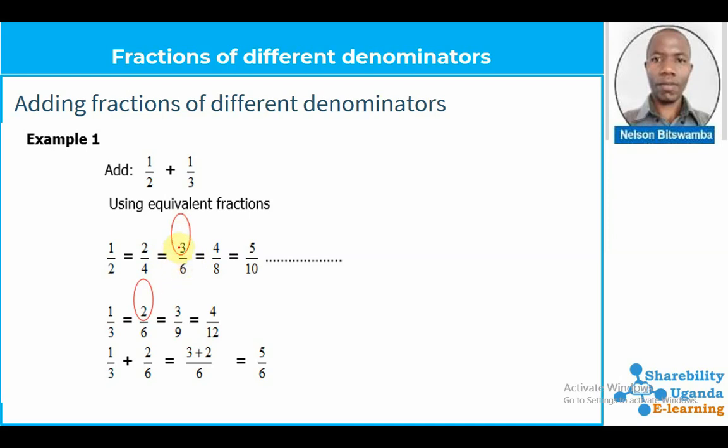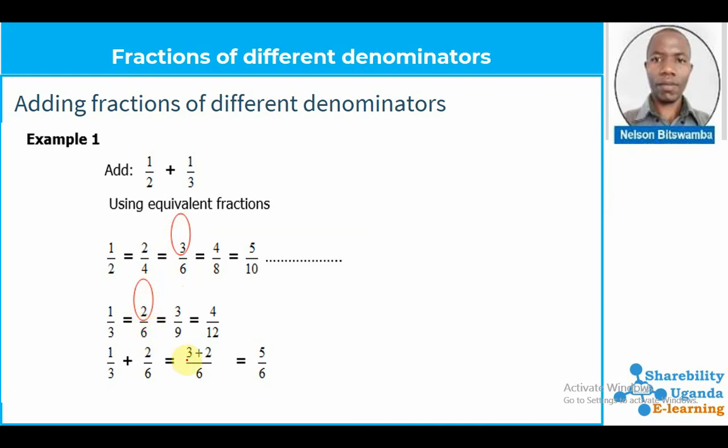We have 3 out of 6, and also here we have 2 out of 6. They are sharing the same denominator, 6. So we shall choose these ones, and the common denominator there is 6.